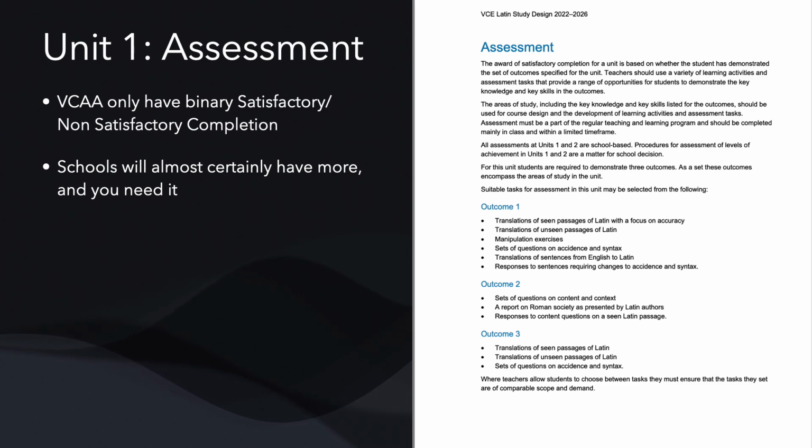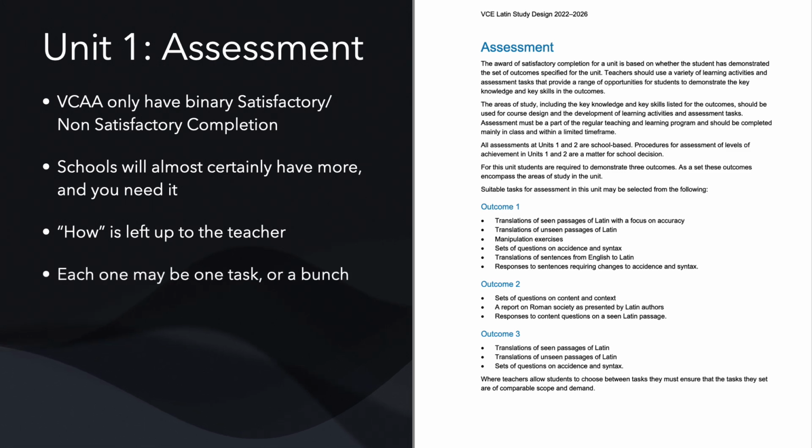Getting that satisfactory, non-satisfactory, well, they list a whole bunch of outcomes, and the how is left up to the teachers. So as you can see there, outcome 1, outcome 2, outcome 3, they have a series of suggestions. The teacher might choose to do all of these, or just one of these, or maybe none of them and choose something completely different, and that's perfectly allowable.